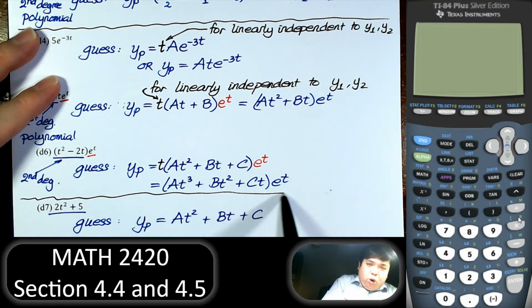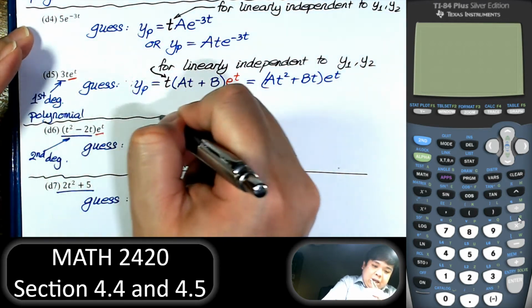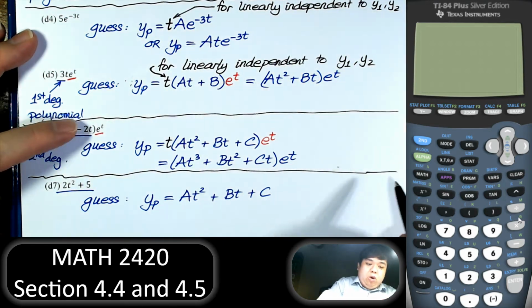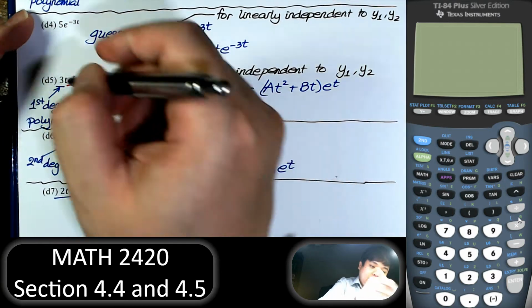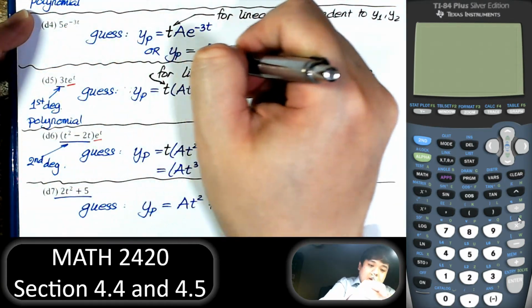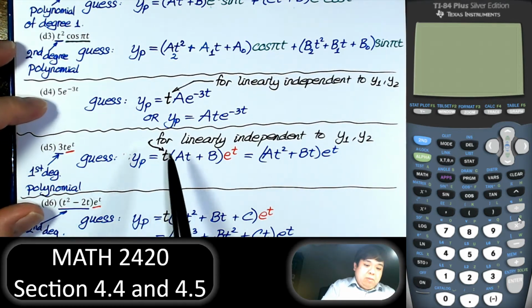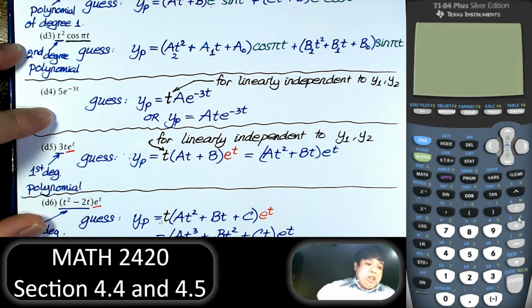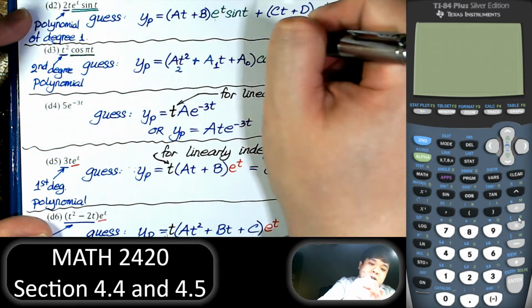So if it is a polynomial, our guess is also the same degree polynomial. If it is e to the t times a polynomial, it's still the full polynomial times e to the t. And we will multiply by t or t squared, t cubed, or whatever it is, just to make them linearly independent.